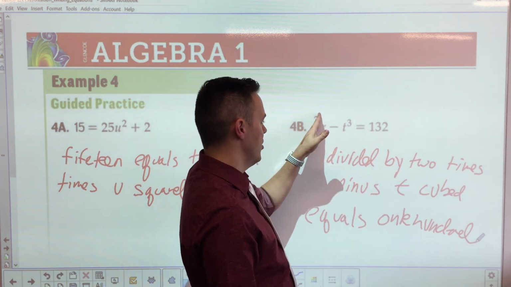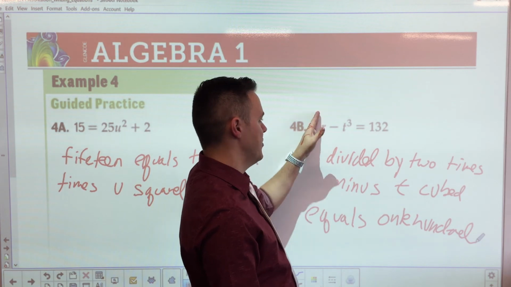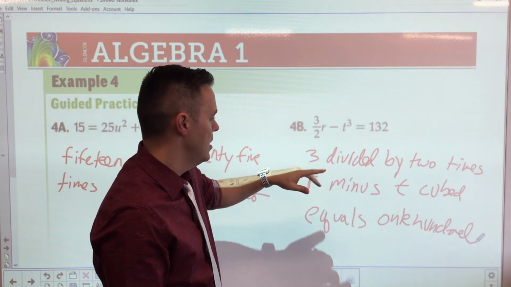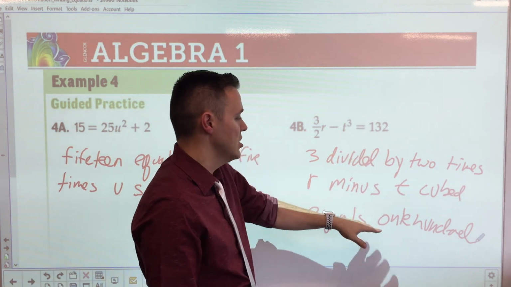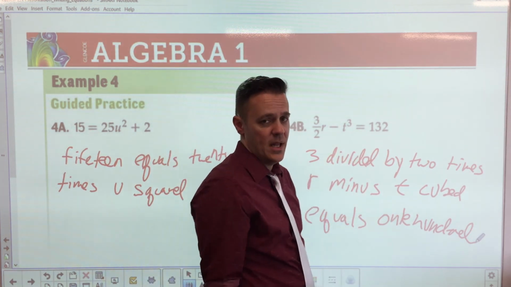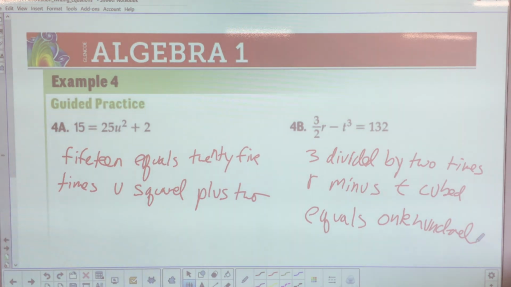So I know right away I'm going to go 3 divided by 2 times r. So I'll think to myself, oh, that's a fraction. Minus t cubed, or t to the power of 3, equals 132.